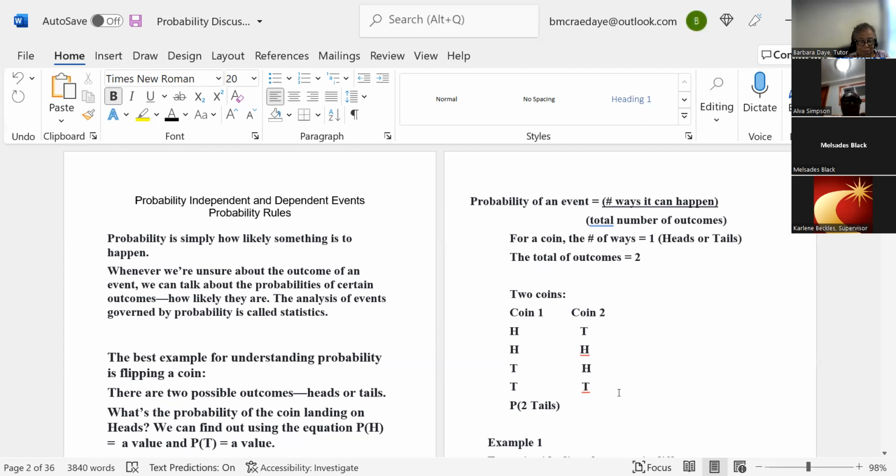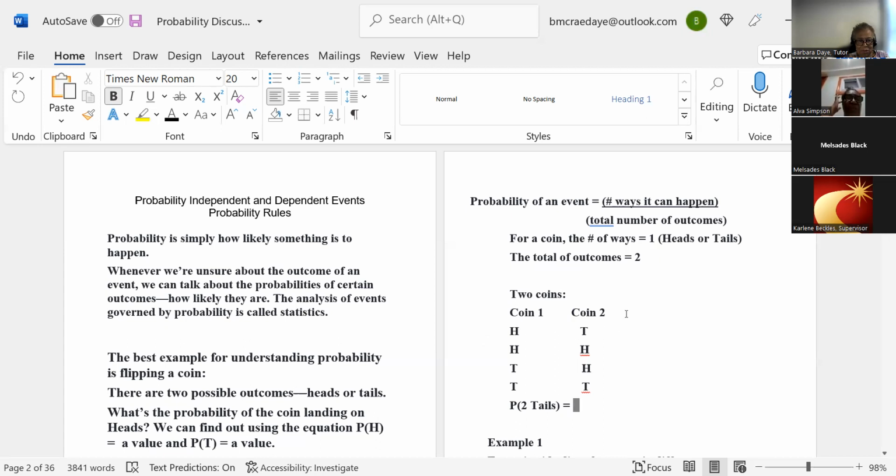What's the probability of getting 2 tails with 2 coins? I would say it's 2 to 8. No, it'll be 1 to 4. I would need to check all of it.